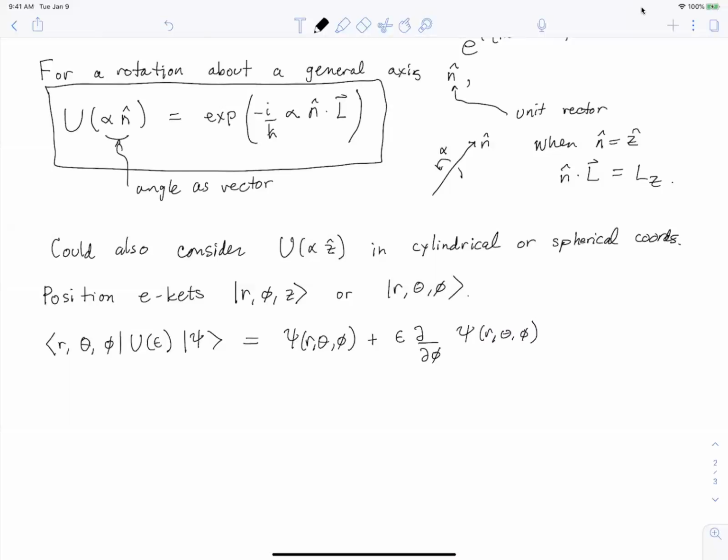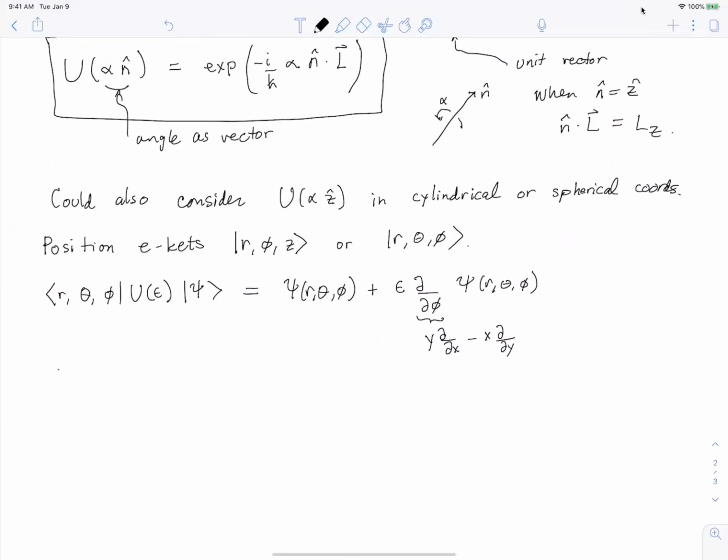One way we know that it's just the derivative with respect to phi is that if you write that in rectangular coordinates, it's y partial x minus x partial y, which is what we found in rectangular coordinates. Comparing to what we already did, this is telling us that the representation of the operator L sub z in this spherical coordinate position basis, or cylindrical, is minus i h bar times the phi derivative.